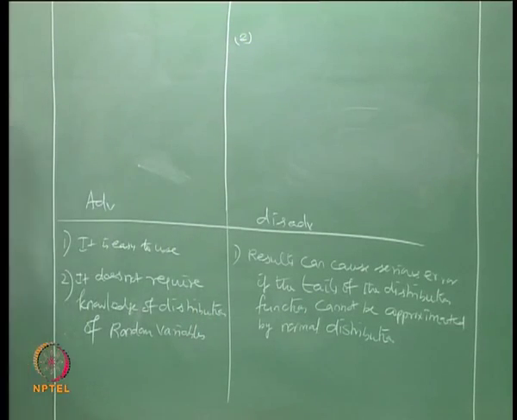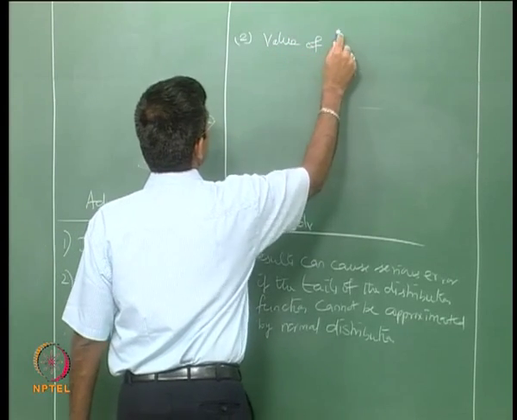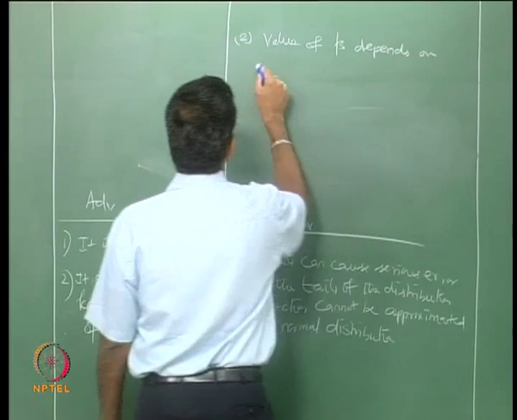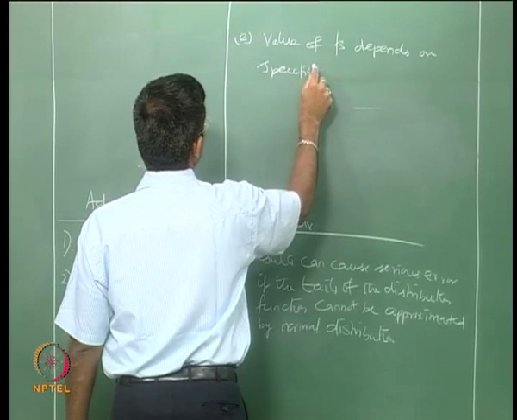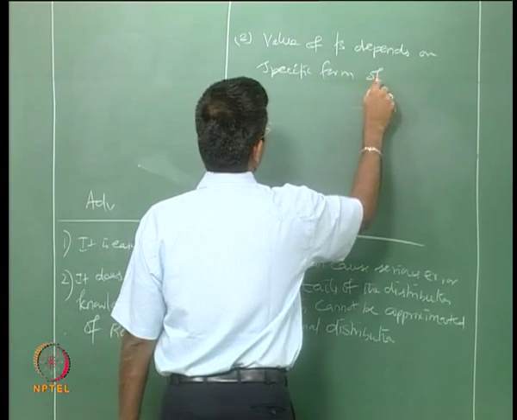The second disadvantage could be that the value of the reliability index depends on the specific form of the limit state function.